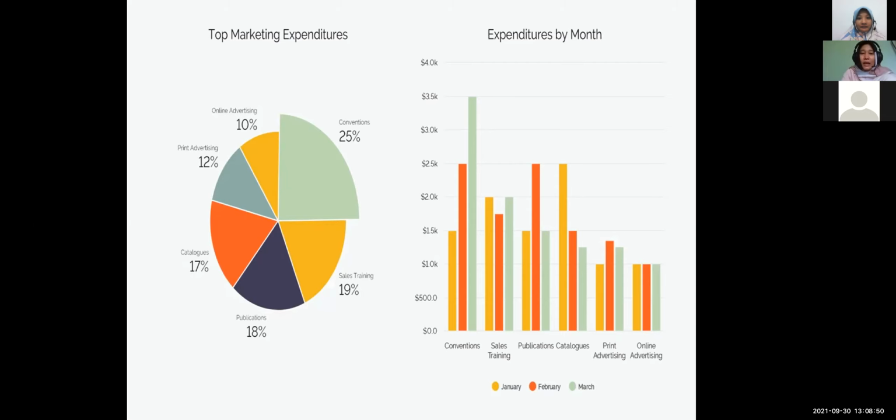Yes, and then chart, what's the name? About top market expenditures. Okay. Expenditure.